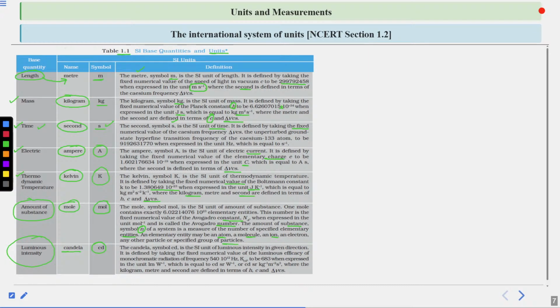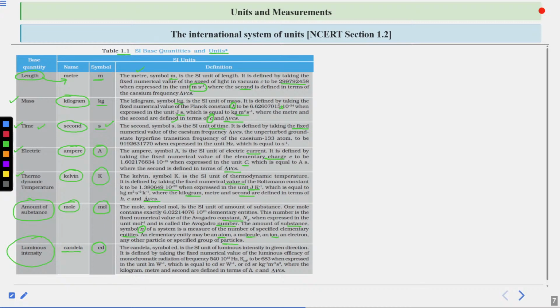Suppose when we switch on the torch, the light of the torch covers a specific area in a given direction. Listen carefully. When we switch on the torch, the light covers a specific area in a given direction.